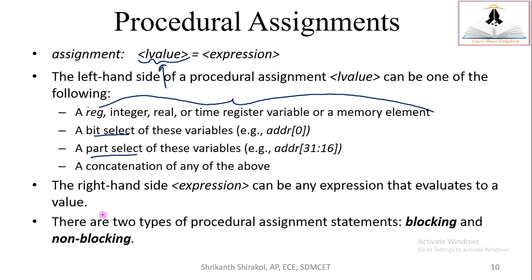There are two kinds of procedural assignment, very important. Two kinds of procedural assignment statements. One is the blocking statement and the other is the non-blocking statement. Why have the names been given as blocking and non-blocking?